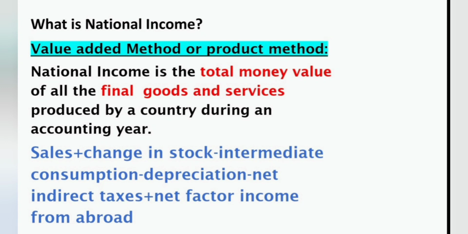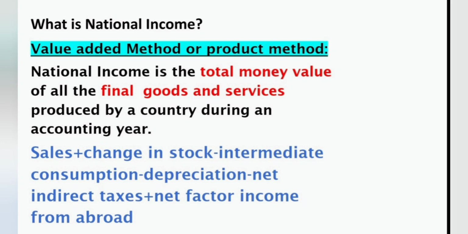In my previous modules on operating surplus, compensation of employees, the income method and the value added method, I have already explained the meaning of these terms: intermediate consumption, depreciation, net indirect taxes. But while calculating national income, I will explain it once more. According to the product method, sales plus change in stock is equal to value of output.